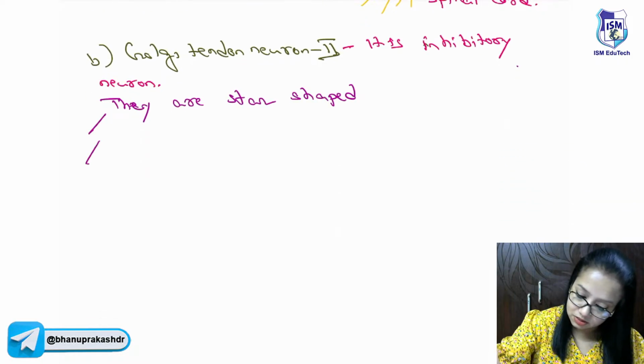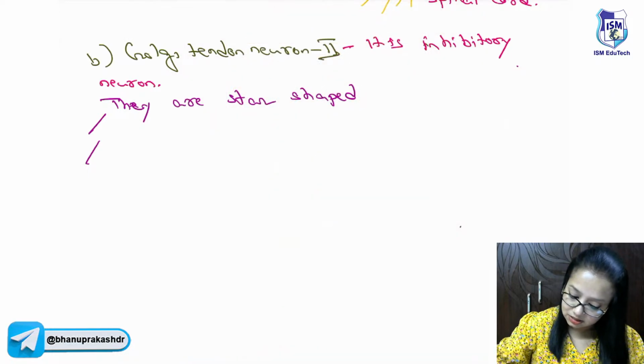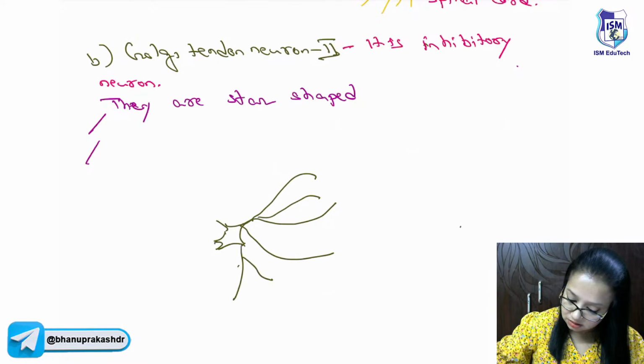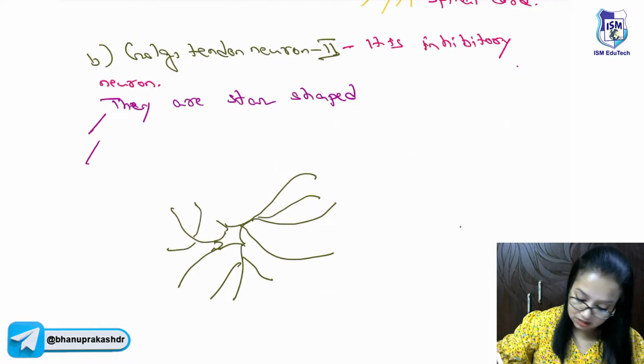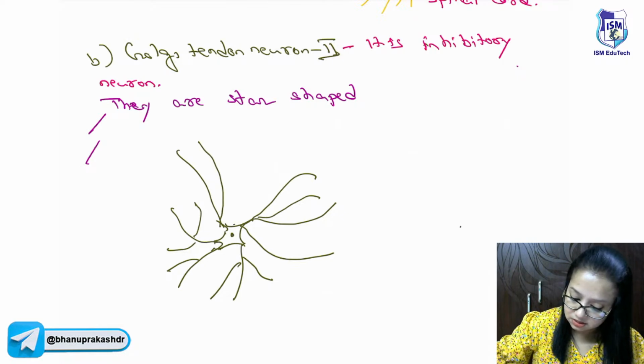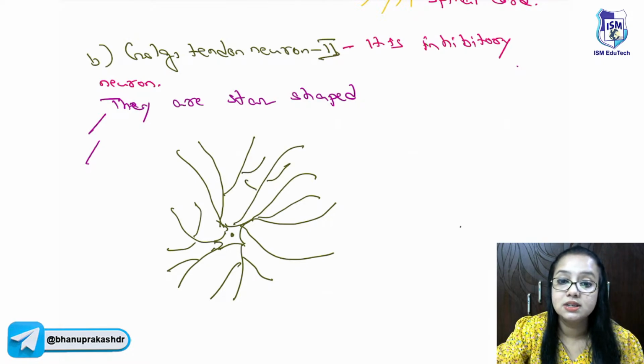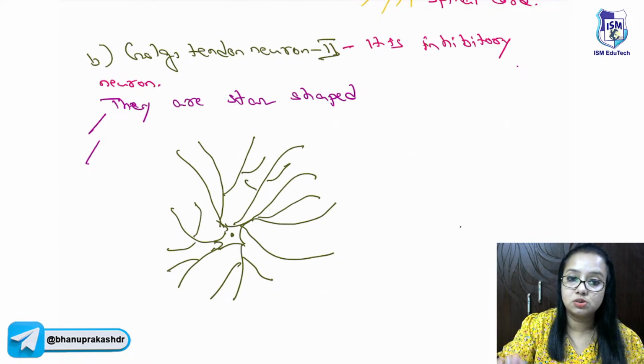We draw it for our understanding: this is the body, and it is shaped like this, star shaped and branched out, and smaller in diameter and size also. This is what the Golgi tendon neuron 2 is.